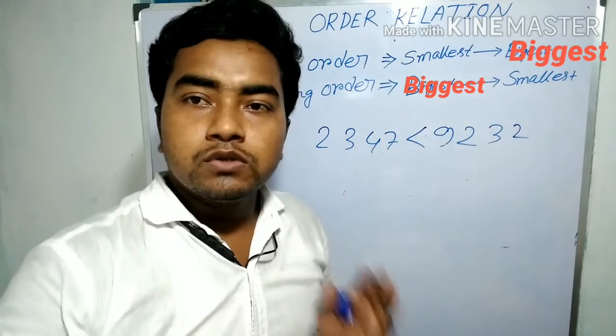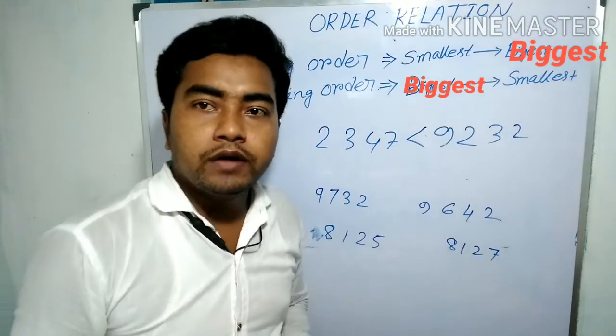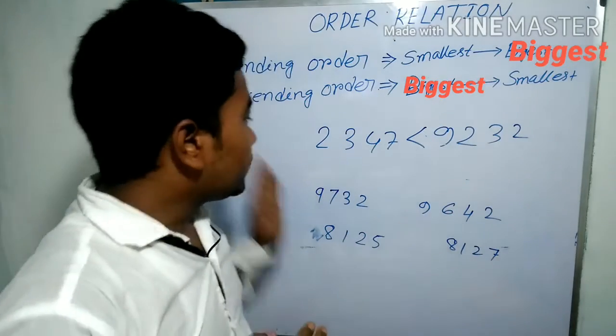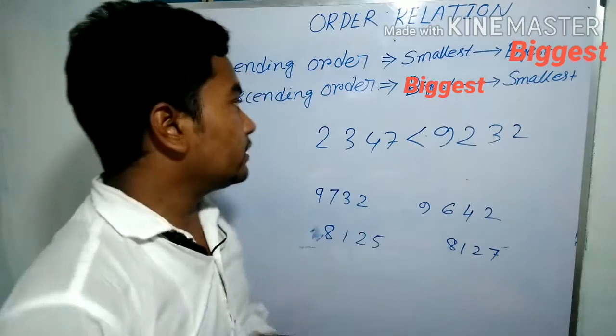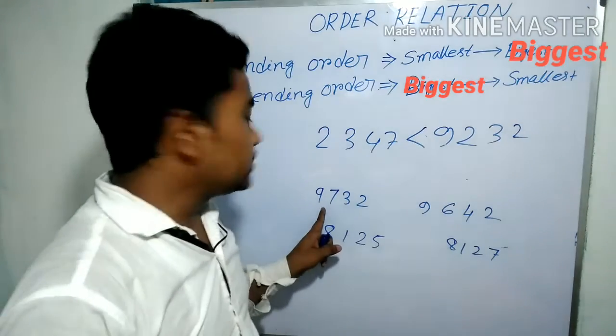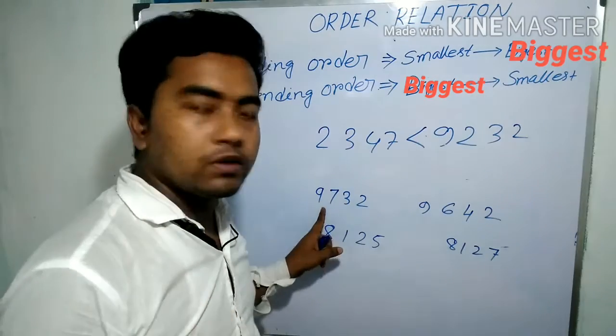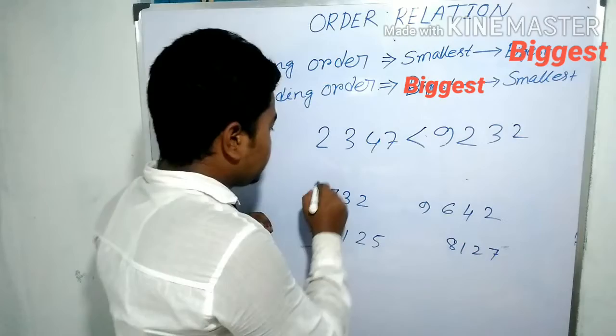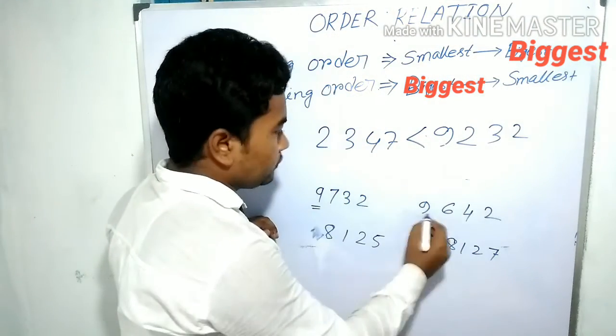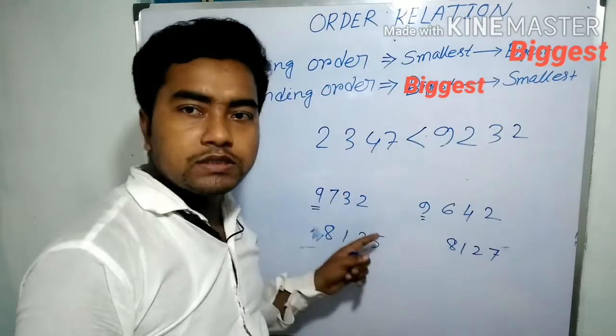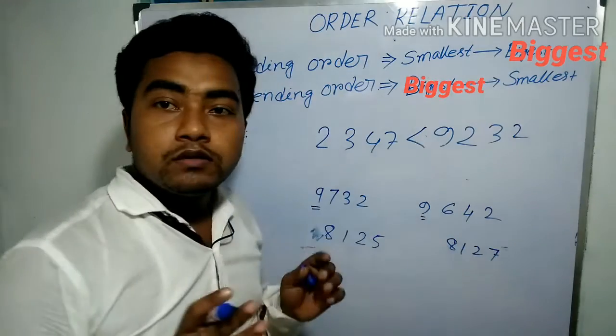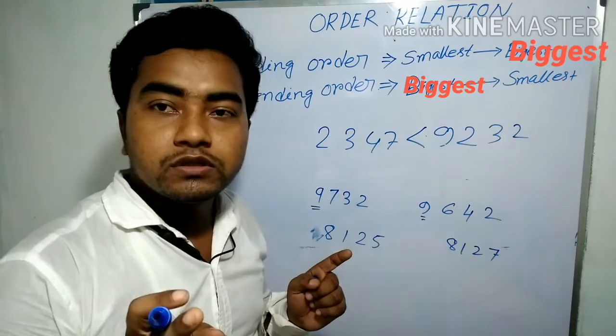Next, if the first digits are equal, see here the first digit is 9 and here the first digit is also 9. So we will compare the second digit.